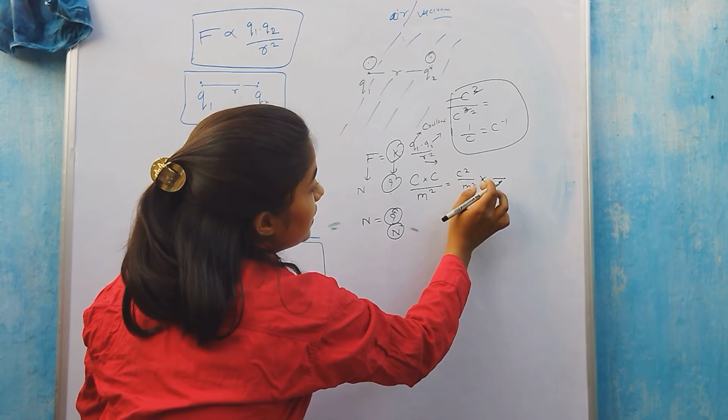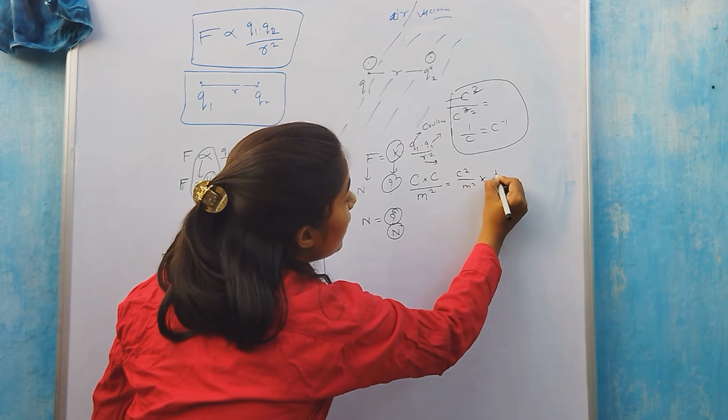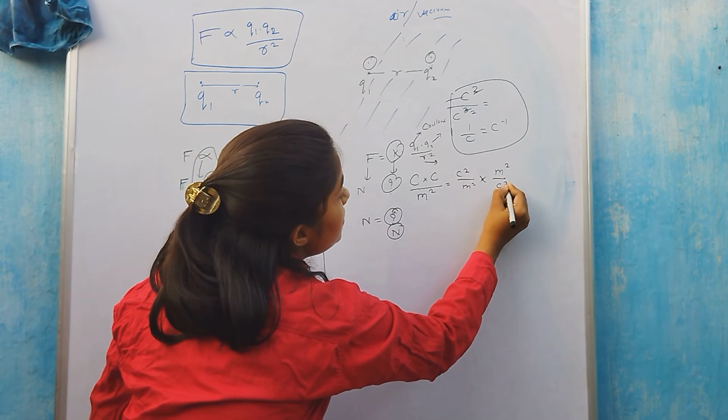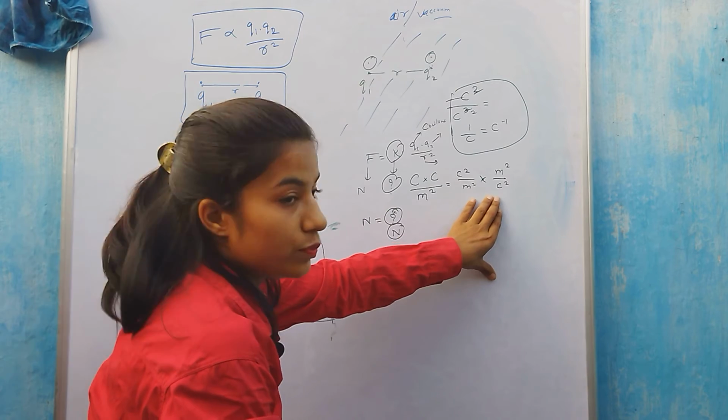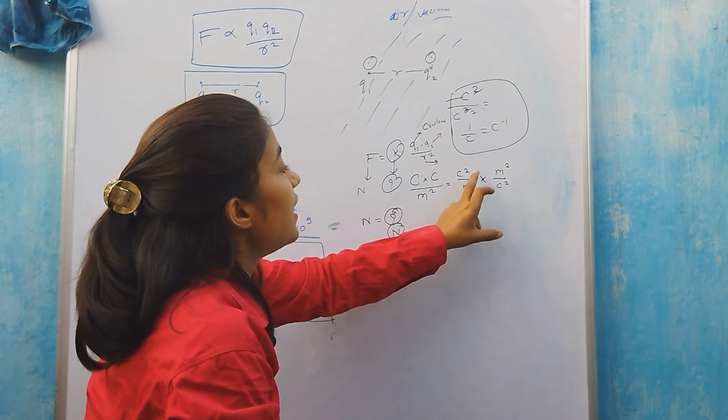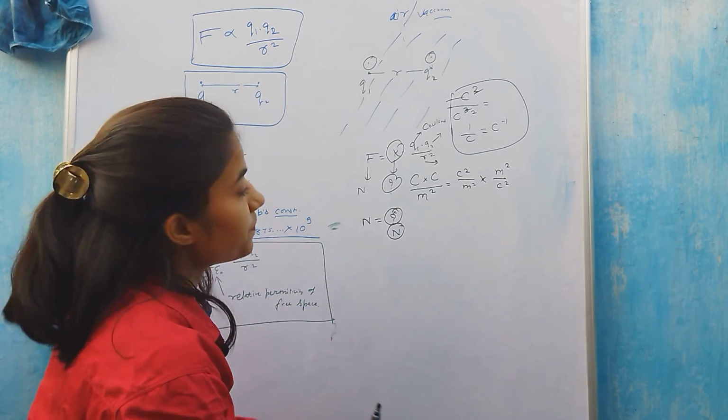To cancel this out, what is the requirement? M to the power 2 and C to the power 2. Okay. Because the square only can nullify the square.